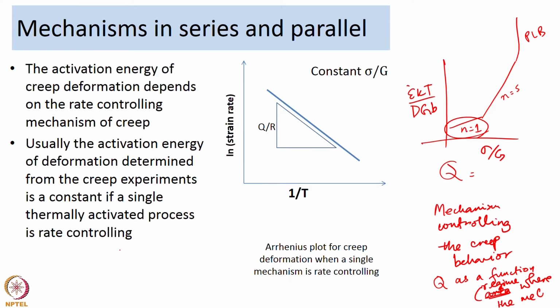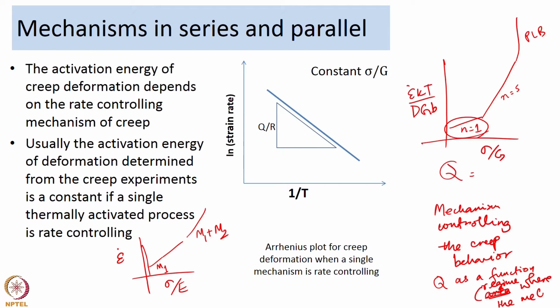So, as an example, let us say you have epsilon dot versus sigma by E, and you have a certain stress range where only one mechanism, say mechanism 1, is operating, and then you have another stress range where both mechanism 1 plus mechanism 2 are operating.